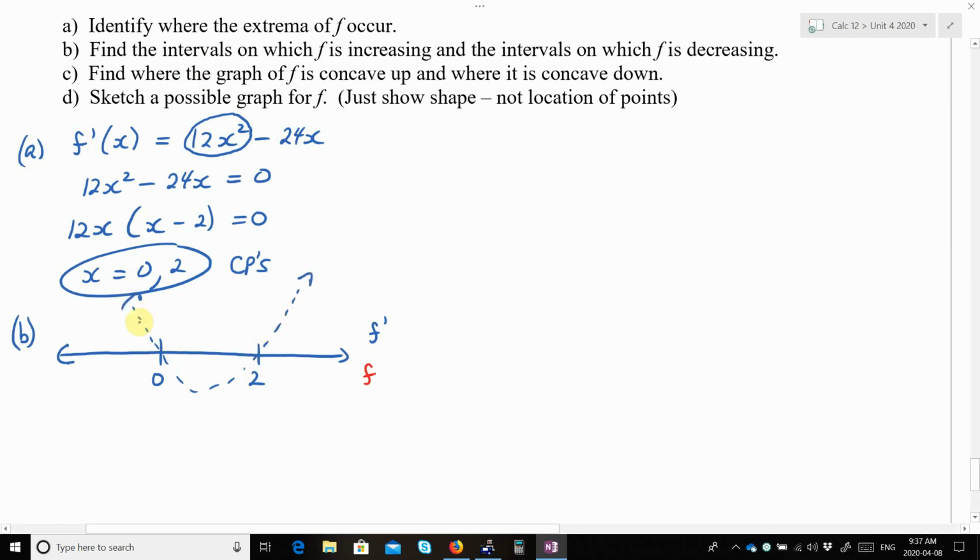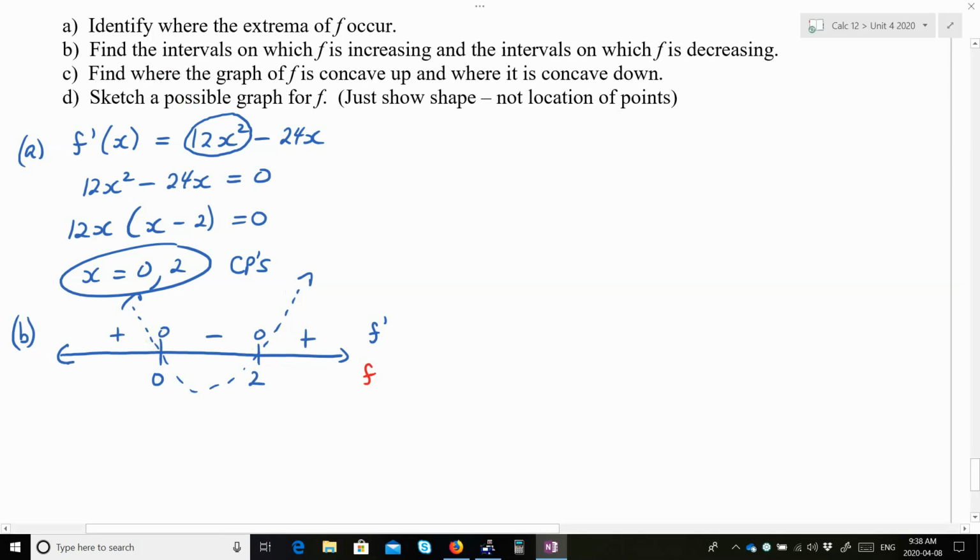And so you can see that the values of f prime are above the axis in this interval, so they are all positive heights, which correspond to positive slopes on the original function. The values of f prime are all negative heights here, and in the last interval, they are above the x-axis, so positive heights. And at the critical points, f prime is 0 at both of those points.